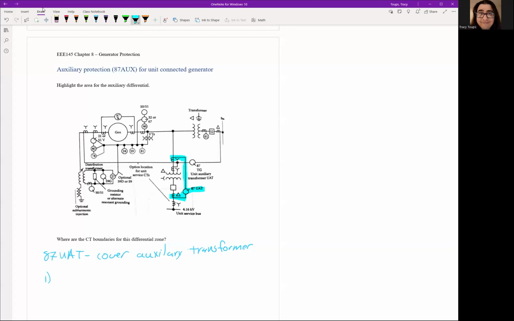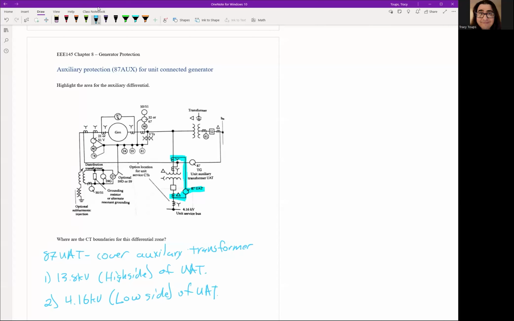We have a second differential zone. We purchase a second CT. Okay. So one side is going to be the 13.8 kV high side of the unit auxiliary transformer. And the other side will be the low voltage side, which is a 14.16 kV. This is your low side of the unit auxiliary transformer.